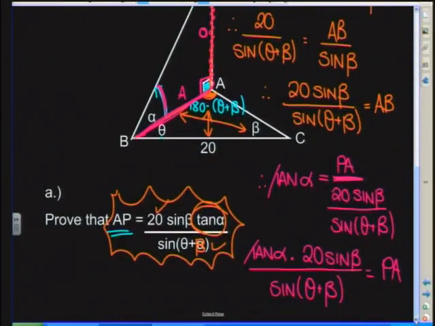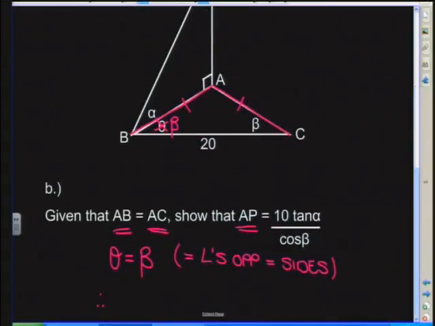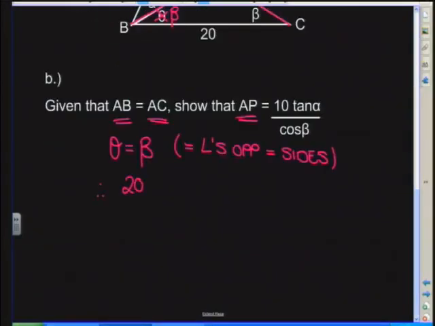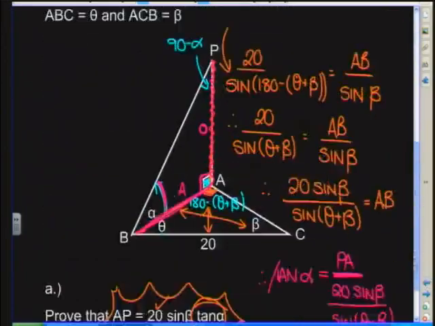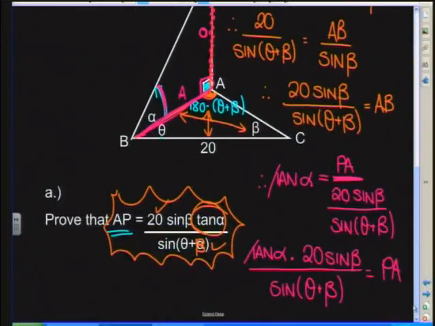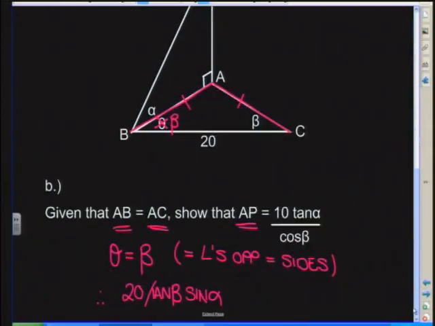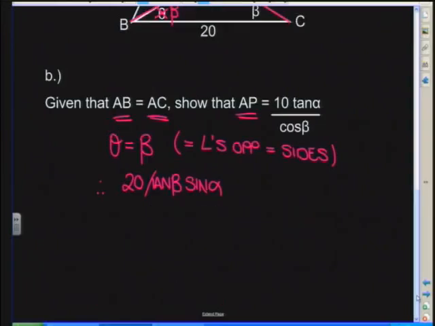So it was 20 tan beta sine alpha over sine of theta plus beta. Okay, so that's what they've just asked me to prove in the previous question. That's what they wanted me to find AP to be, all right?